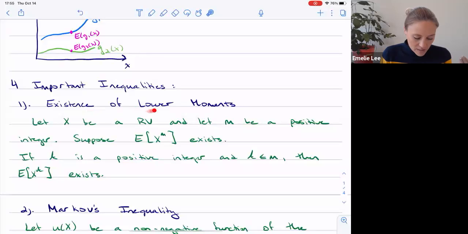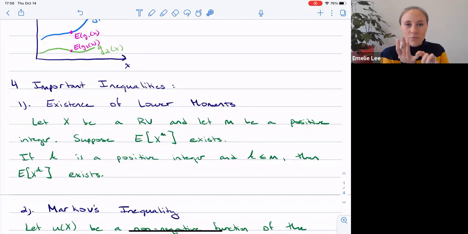And so the existence of lower moments is really just saying, if I tell you that the 4th moment exists, then you know that the 1st, the 2nd, and the 3rd moments also exist, right? And so knowing that, we can leverage that.